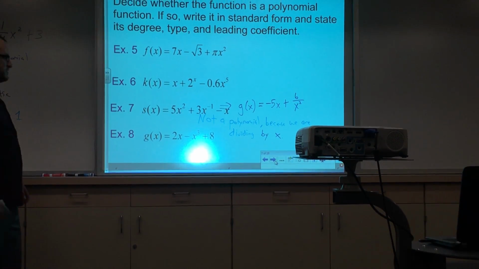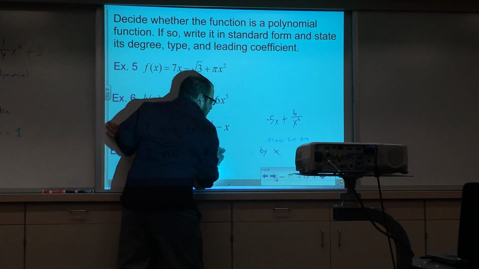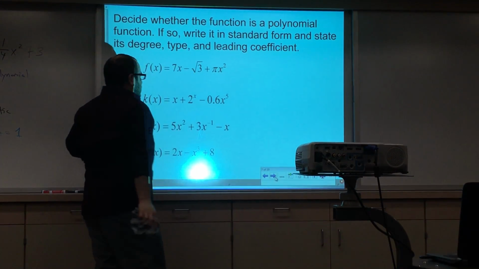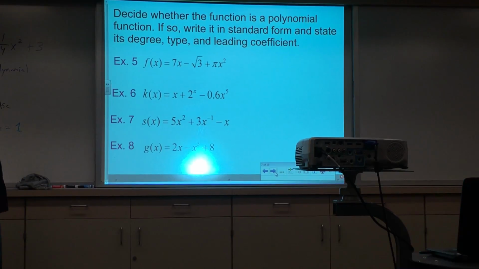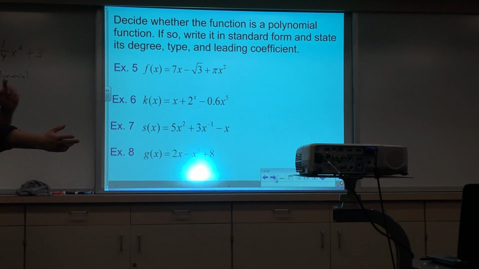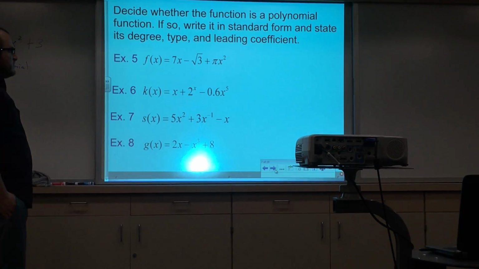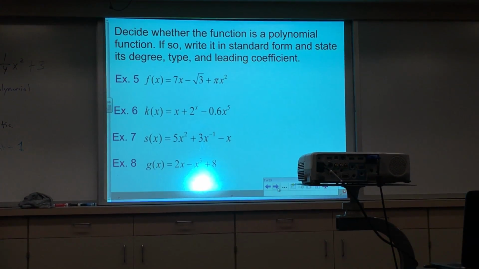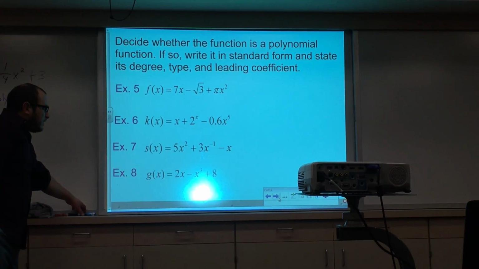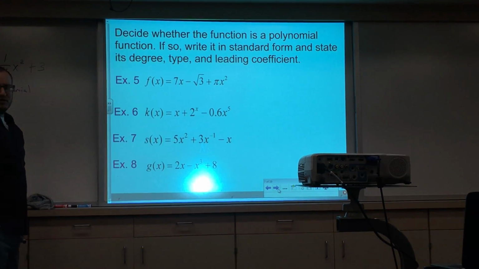Alright, so more practice. I'm going to go ahead and choose 1. You guys are going to do 3 for homework. Decide whether the function is a polynomial function. If so, write it in standard form and state its degree, type, and leading coefficient. Alright, let's go ahead and do number 5.